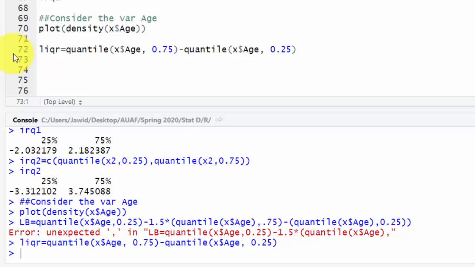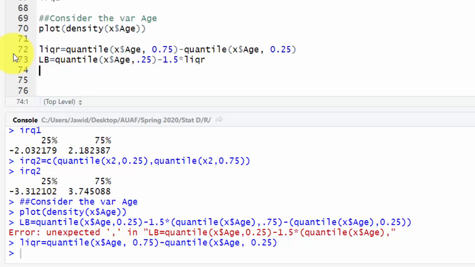Now, for constructing that interval around the interquartile range, we need a lower bound, which is Q1, which is quantile xh 0.25 minus 1.5 times the length of the interquartile range.